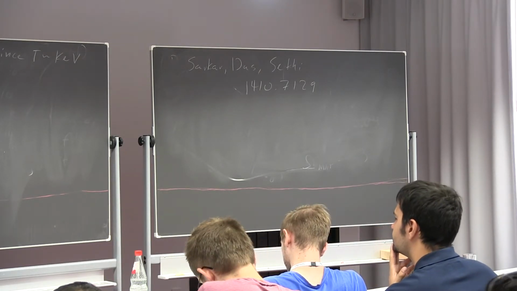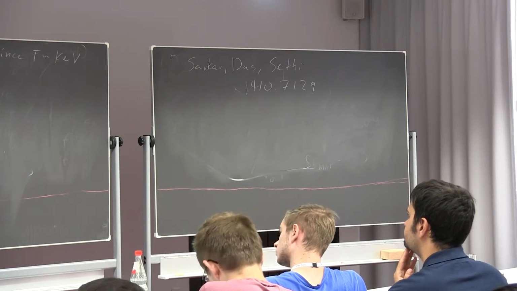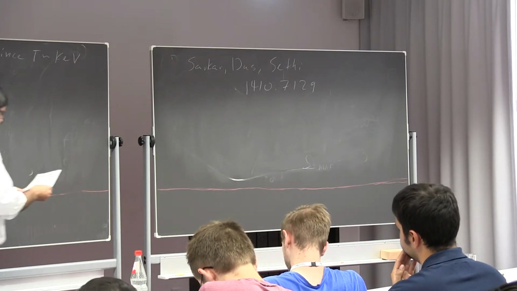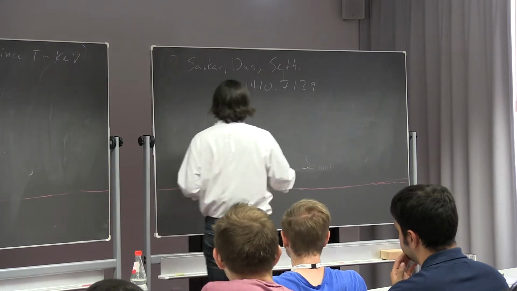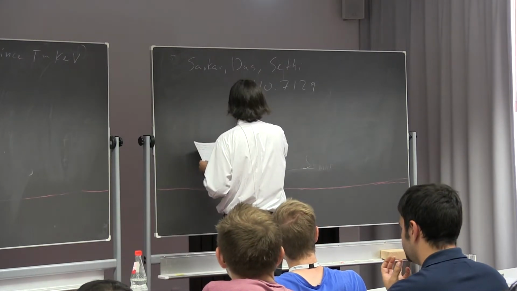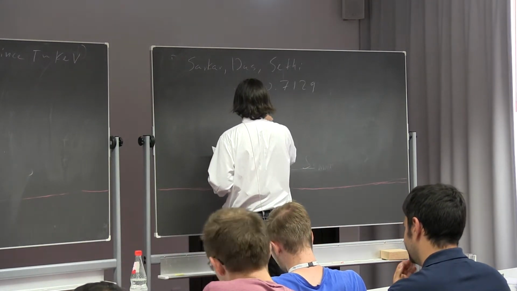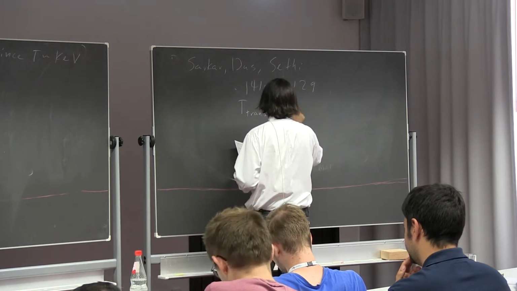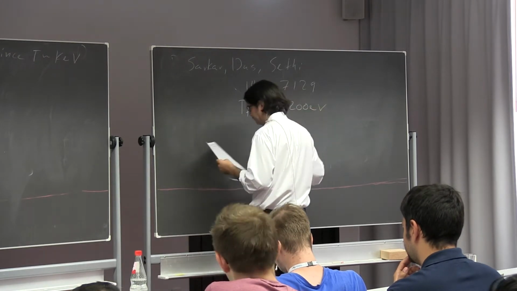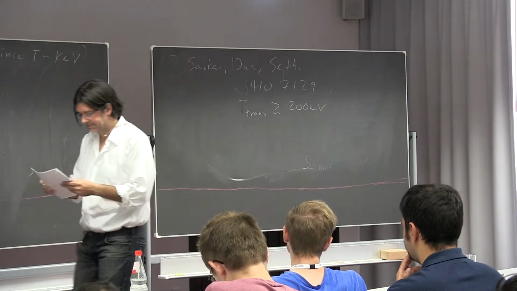Okay, so it's basically a cosmological constant, and then boom, it transitions to dark matter. And they find that the transition has to happen before about 200 eV, which is basically this keV number.